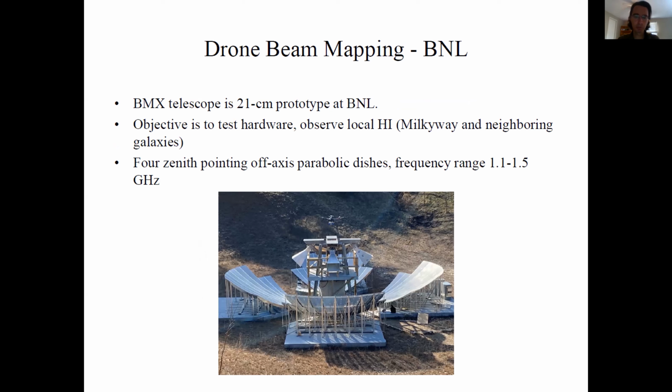It's mostly used for prototyping hardware, but he's also hoping to do some local Milky Way and neighboring galaxies science with this. And it's these 4 off-axis paraboloid dishes, and it's tuned for the rest frame 21 centimeter line, so 1.1 to 1.5 gigahertz.